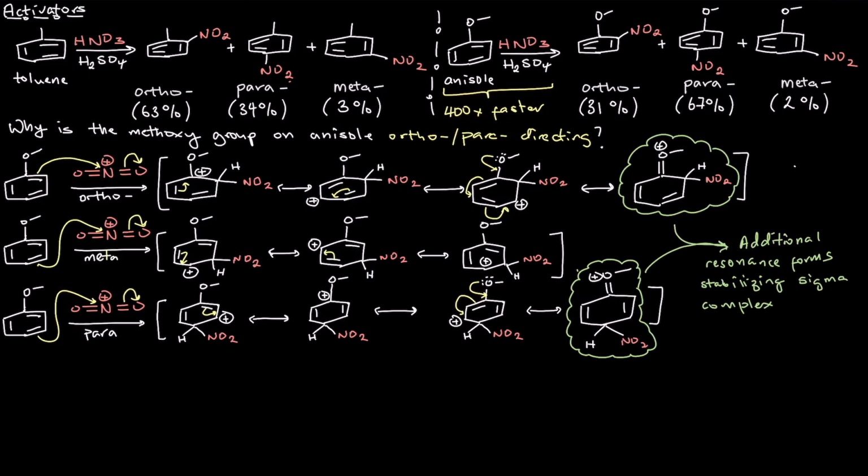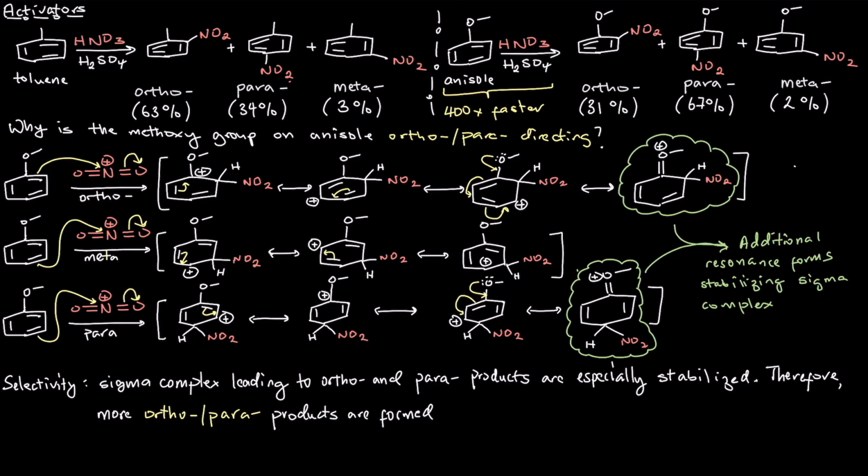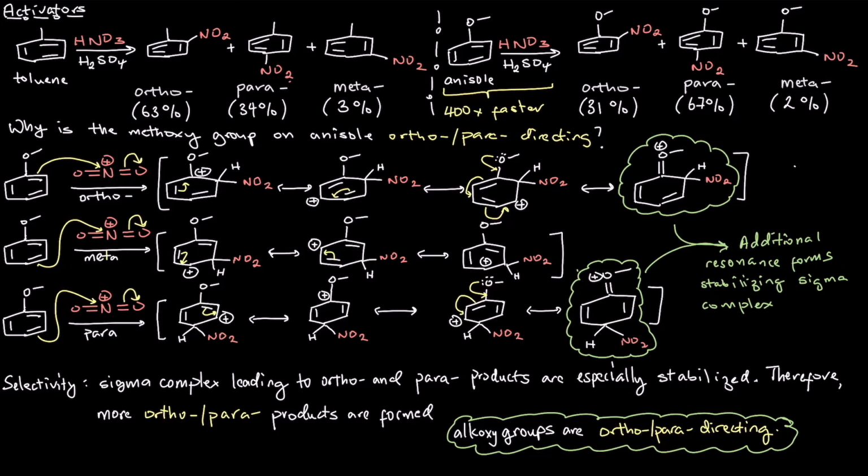So we say that in this particular reaction, there are additional resonance forms in the ortho and the para complexes that are stabilizing the sigma complex, and so more of the ortho and para products will be formed in this reaction. And so therefore, we say that the alkoxy groups, or the methoxy group specifically in anisole, is ortho-para directing.